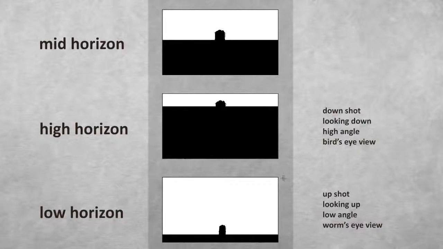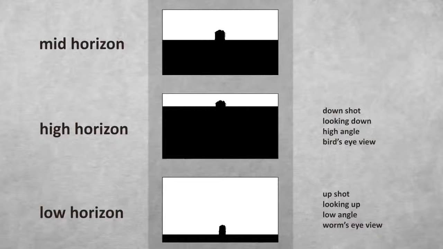This works when you're outside, and you'll notice if you watch films and the director's good, they'll tend to favor a lot of high horizon shots and a lot of low horizon shots. You don't get too many mid horizon shots, and that's just because this is an easy way of getting better composition.